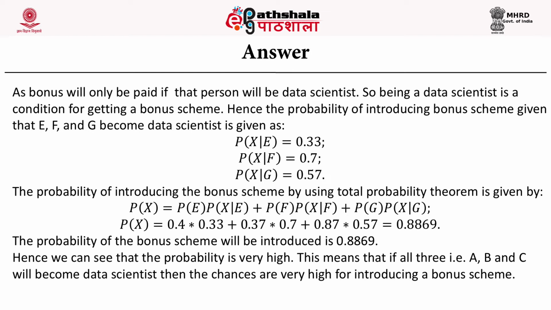So the probability that the bonus scheme will be introduced is 0.8869. Hence we can see that the probability is very high. This means that if all three, that is A, B and C, become data scientists, then the chances are very high for introducing a bonus scheme.